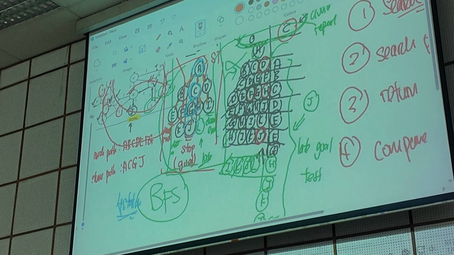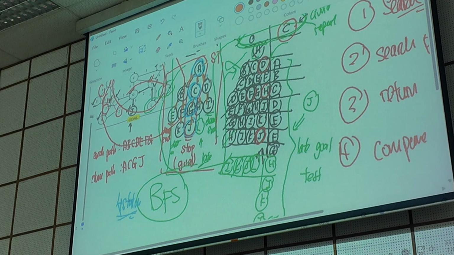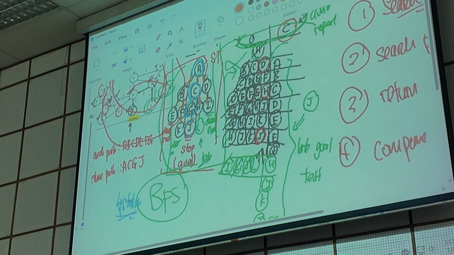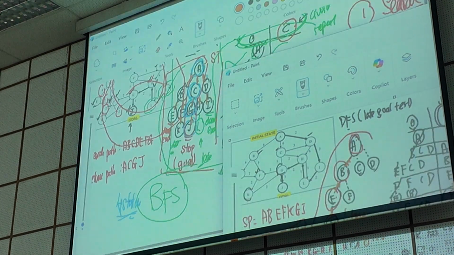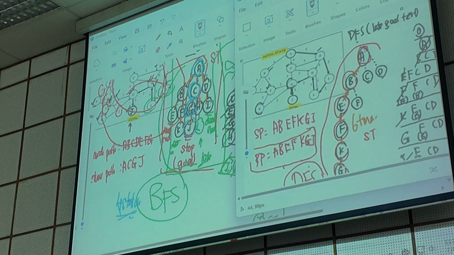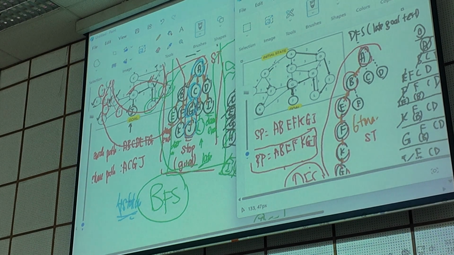So you can assume that breadth-first in this case consumes more time compared to depth-first. Assume that it expands 1 time, takes 1 second. So this one 10 times, so 10 seconds for breadth-first. So only how many seconds now? We calculate depth-first. There's only 6 times. So in this case, you can say depth-first consumes less time compared to breadth-first.